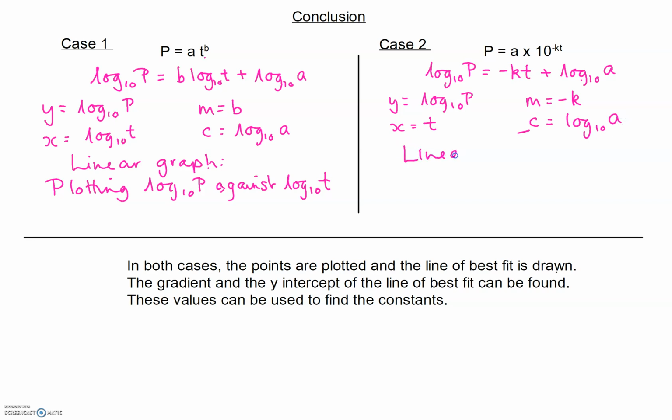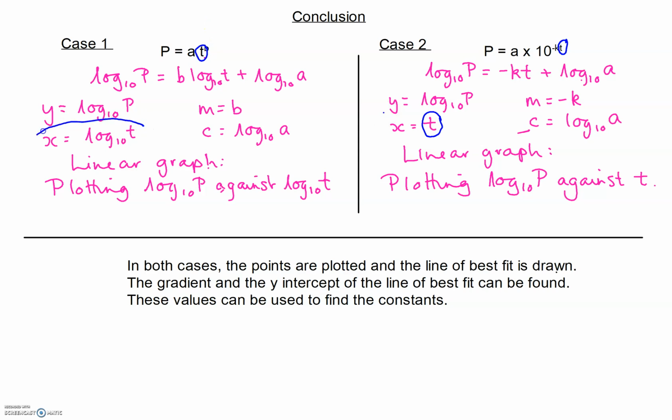The linear graph that we plotted with that, we were plotting log to the base 10 of p against t. So if you have an initial equation where the t is the power, then x is just t. Whereas if t is the base, then you are going to have that x is log to the base 10 of t.